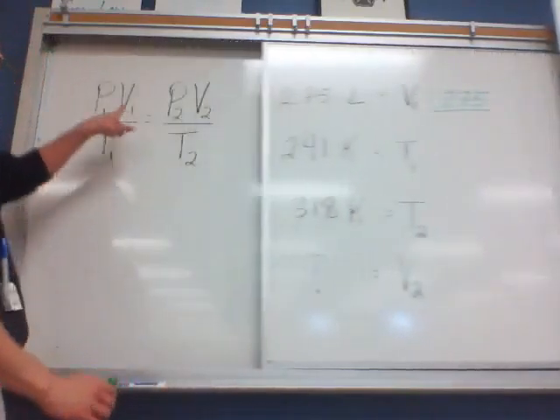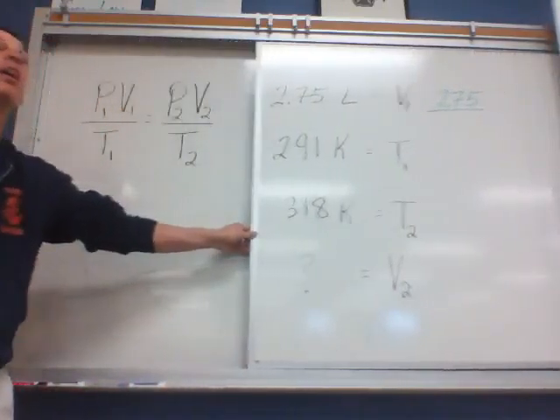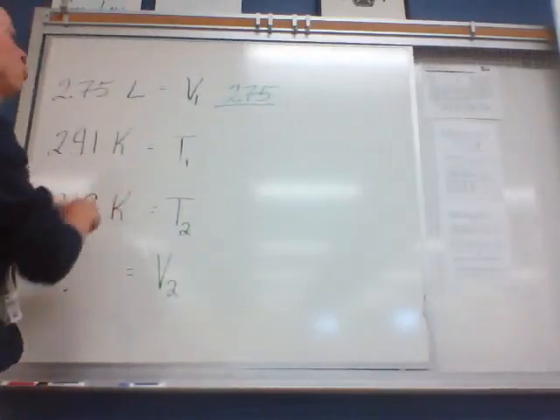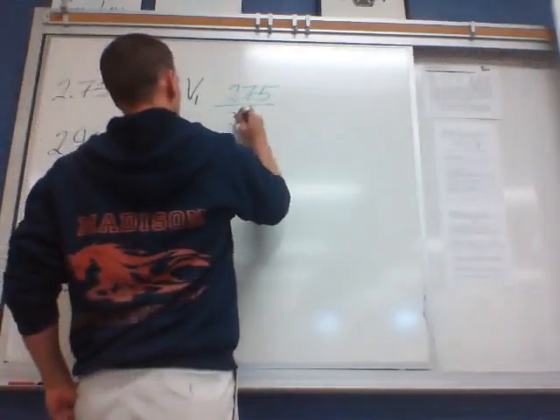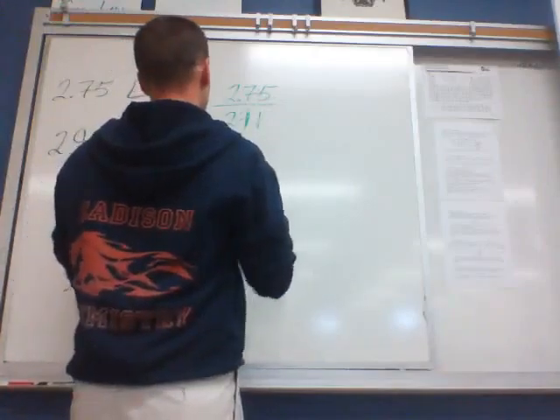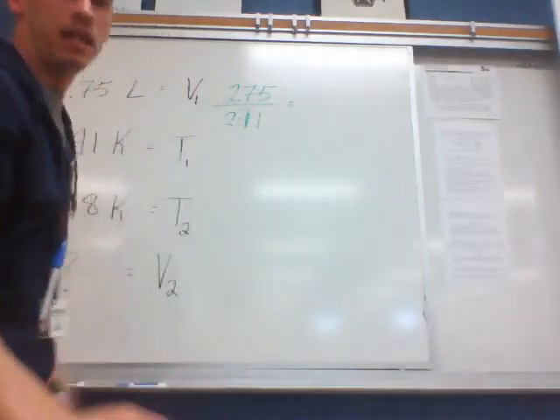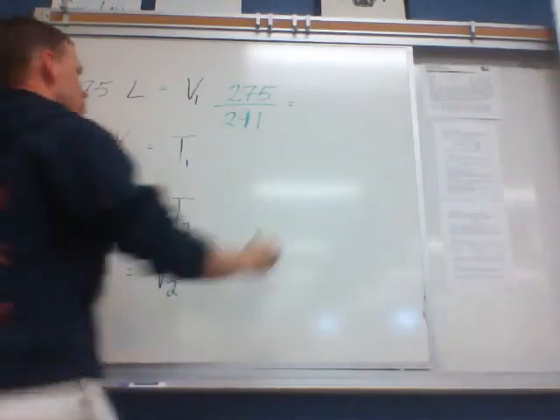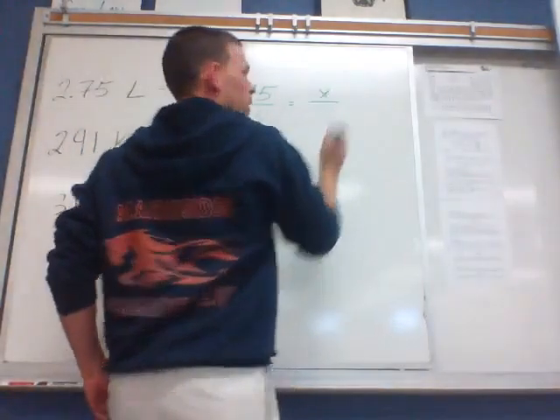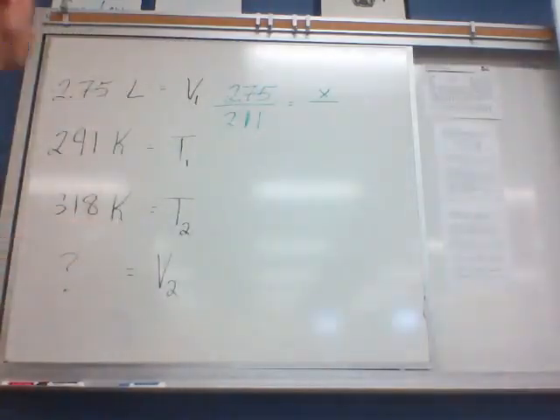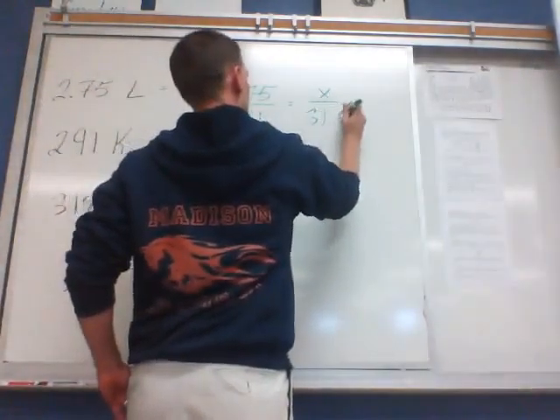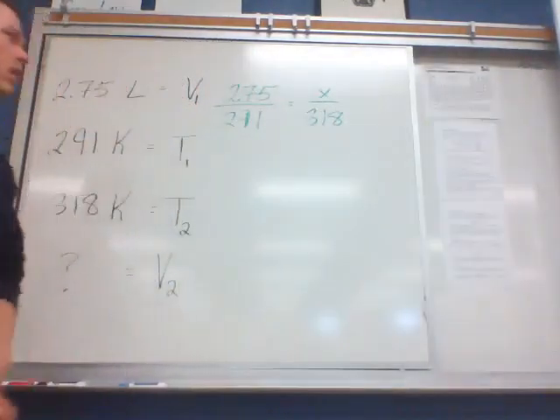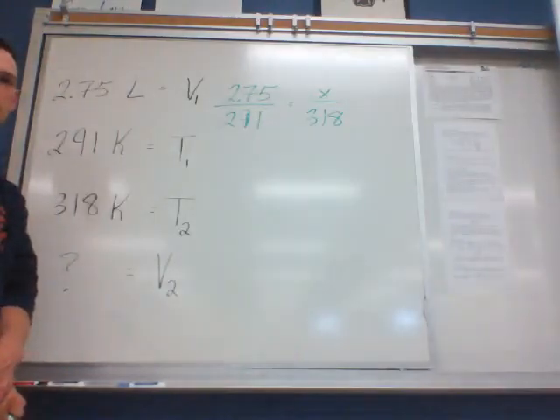Remember what we were doing. V1 over T1. The correct T1 is 291. Equals V2 over T2, so X for our V2, we don't know what he is yet, over T2 of 318. How do we solve this?